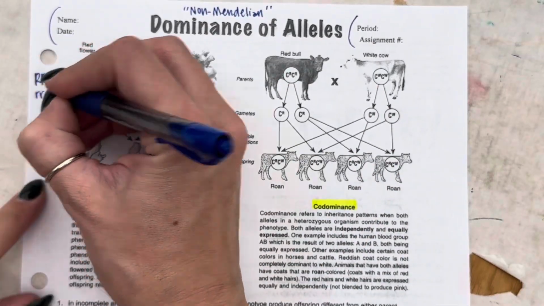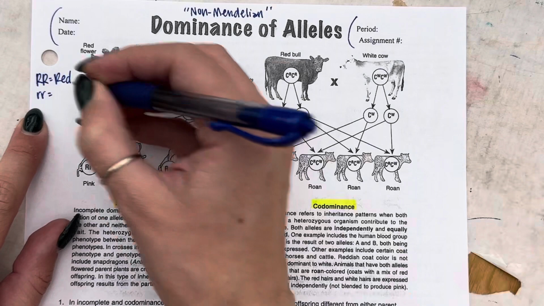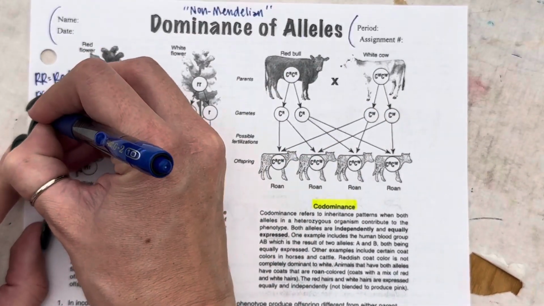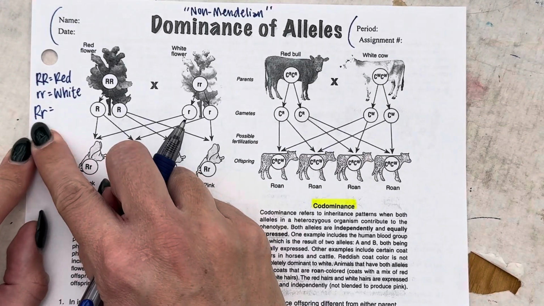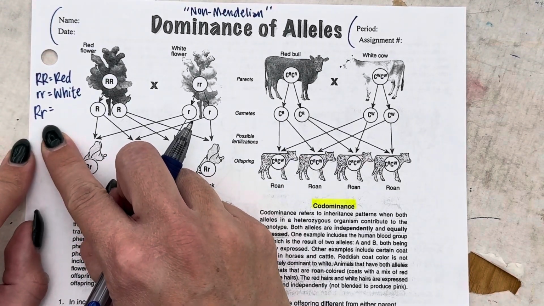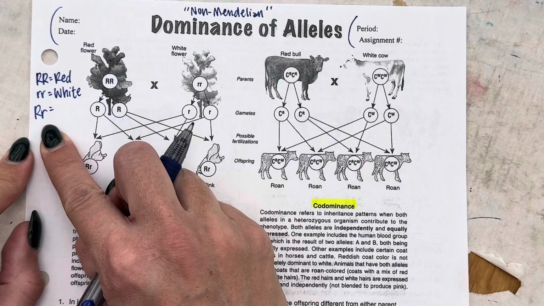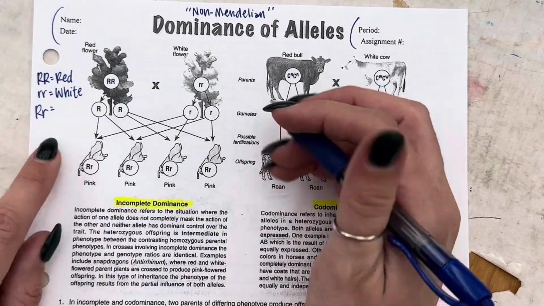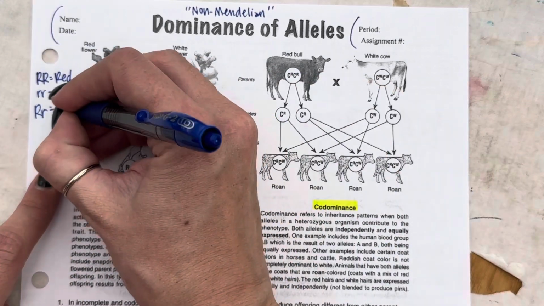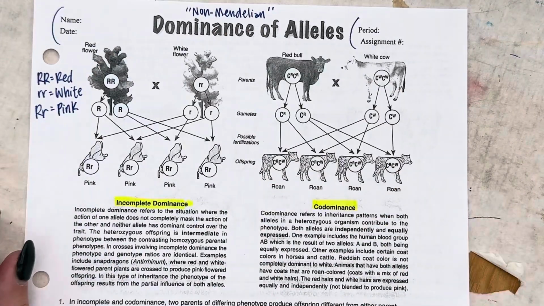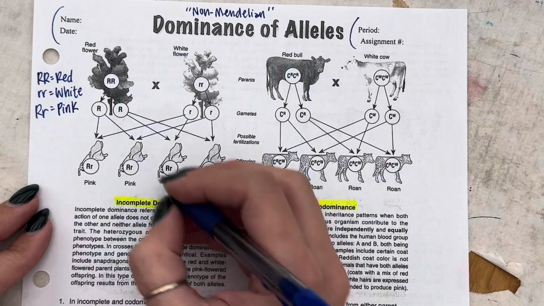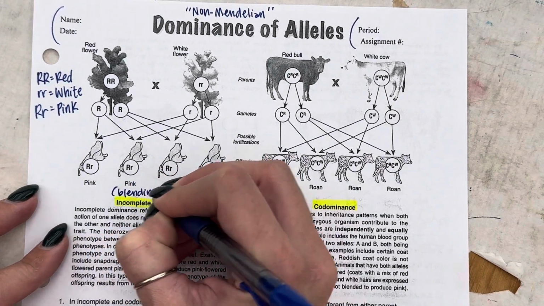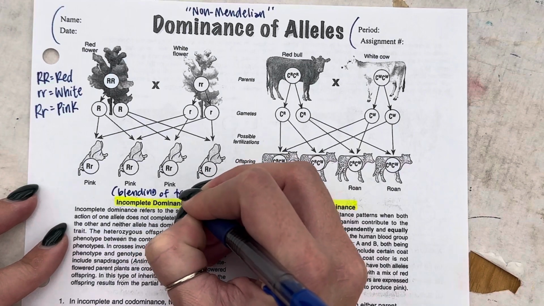If we inherit two of our lowercase alleles, our flower would be white. But with our heterozygotes, instead of the red allele completely dominating over the white allele, we actually have a blending of traits. So white blended with red would produce our pink phenotype. So incomplete dominance is when we see blending of traits.